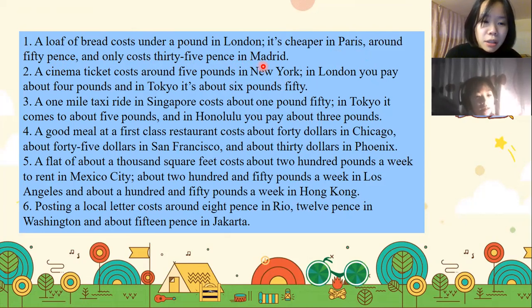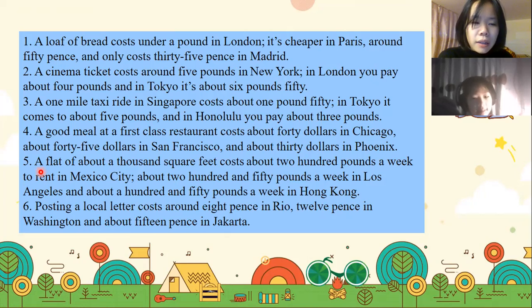Okay. Now, can you read the 5th and the 6th? The 5th first. A flat of about 1,000 square feet costs about 200 pounds a week to rent in Mexico City, about 250 pounds a week in Los Angeles, and about 150 pounds a week in Hong Kong.